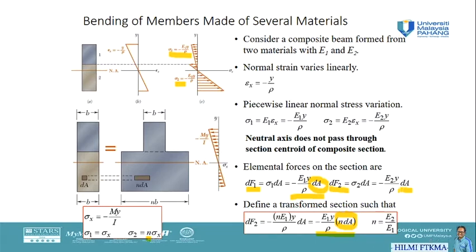So we are going to find out that the stress sigma 2 at any point of the original section must be n times larger than the stress at the corresponding point of the transformed section.